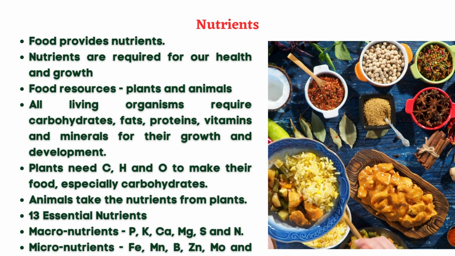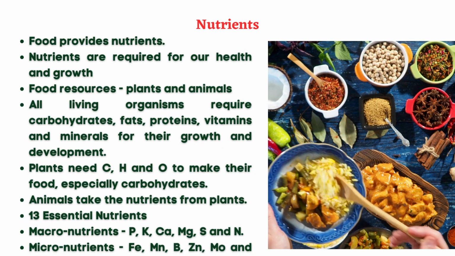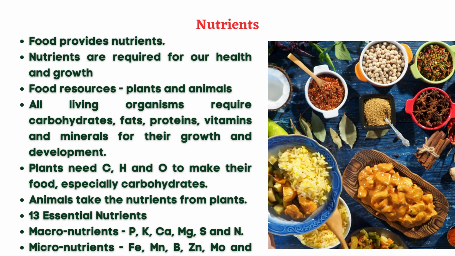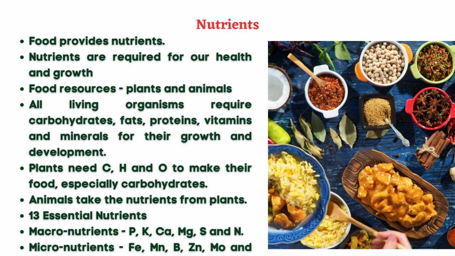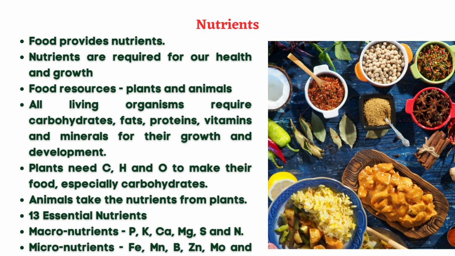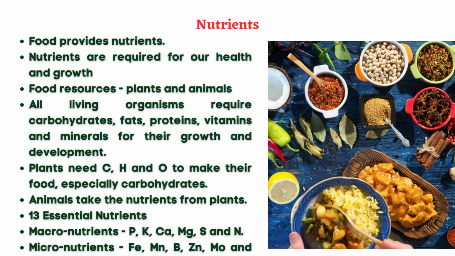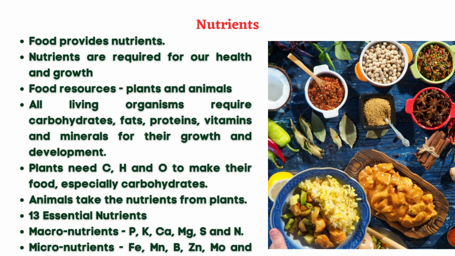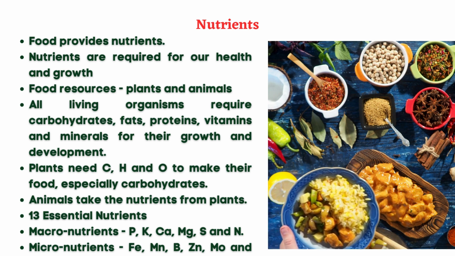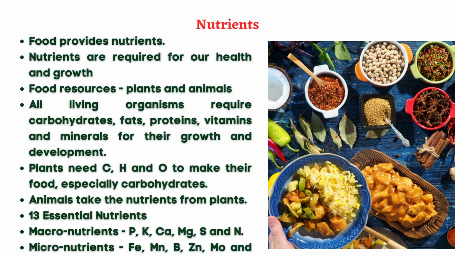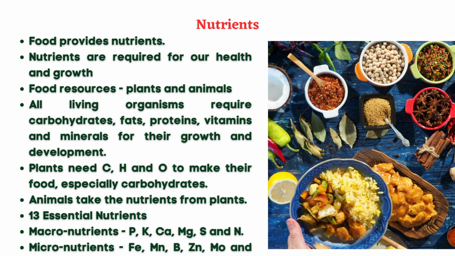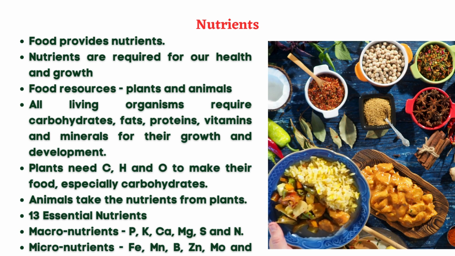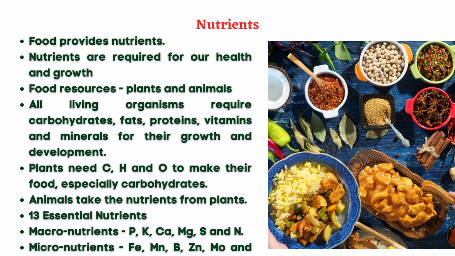Now, food provides nutrients, so we should talk about the nutrients before discussing the crop. Food actually provides the nutrients, and these are required for our health and growth. In fact, plants and animals are the sources of food.